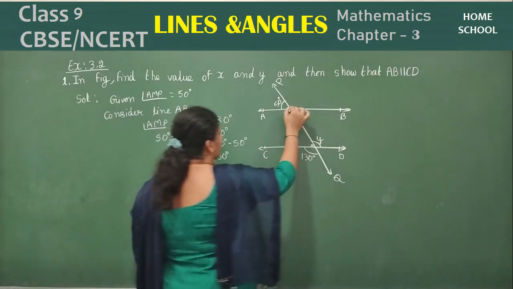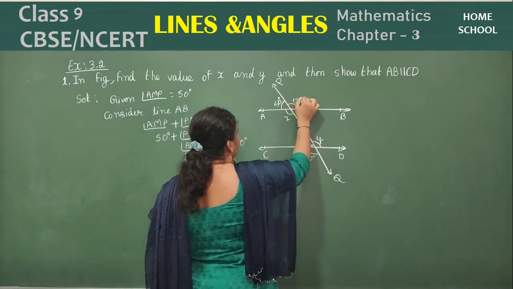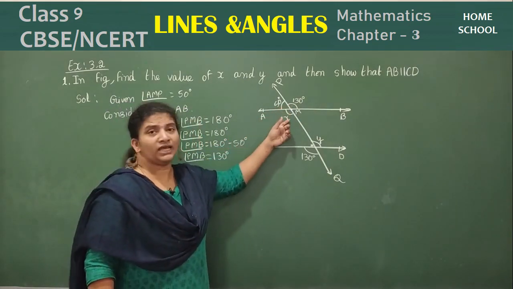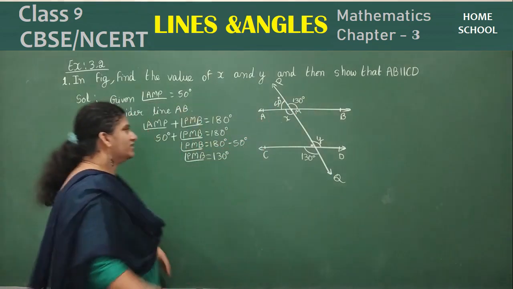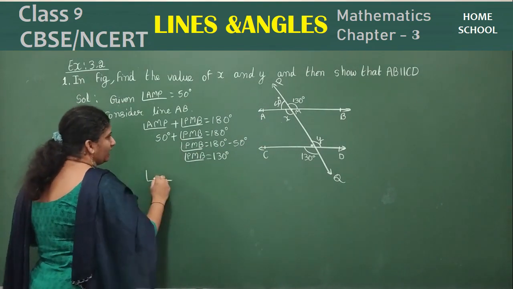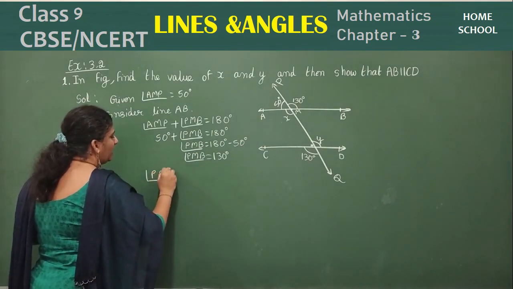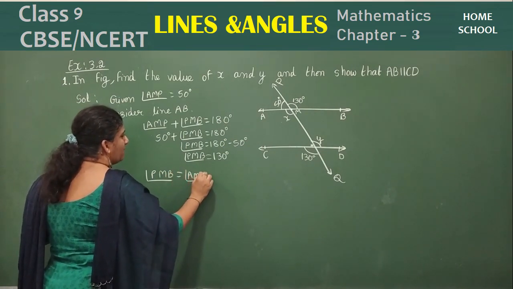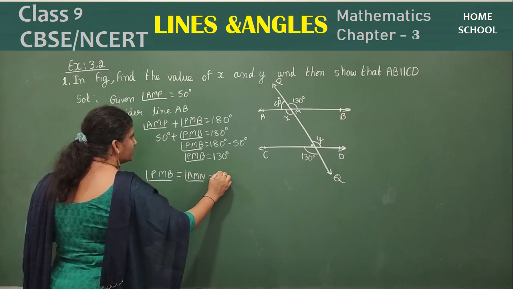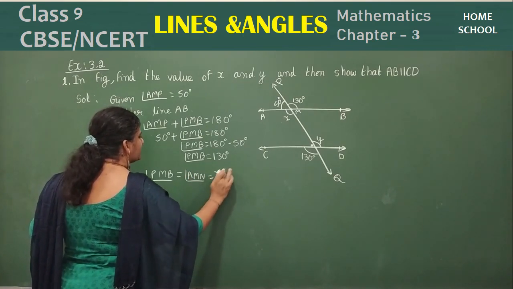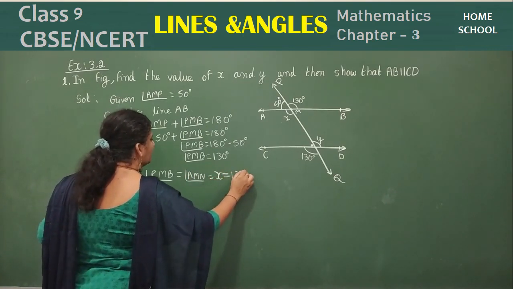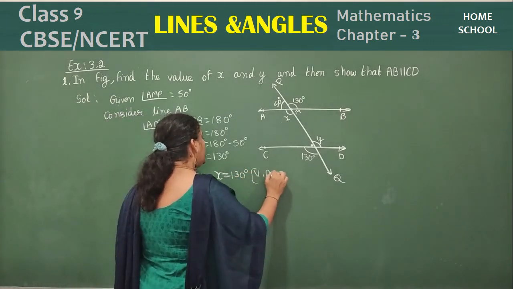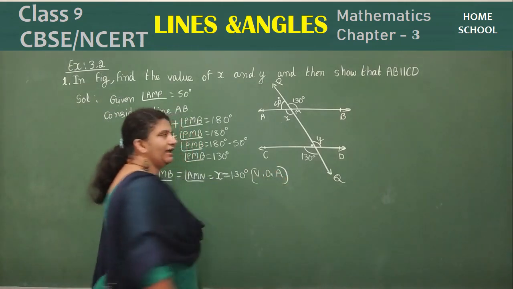So let me write here, this angle is 130. Immediately something I remember, what is that? Vertically opposite angles. So look here, angle PMB is equal to angle AMN, that is x, equal to 130 degrees. Why? Vertically opposite angles.